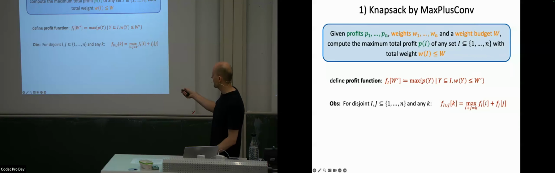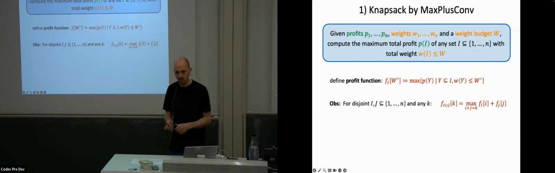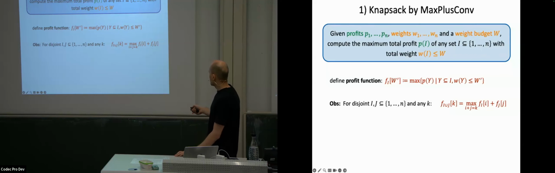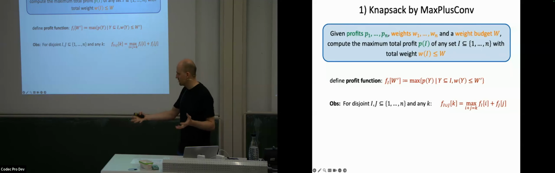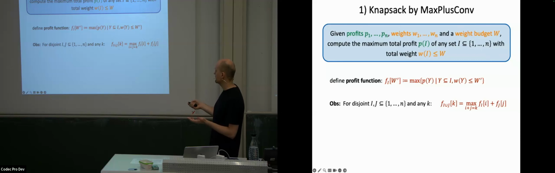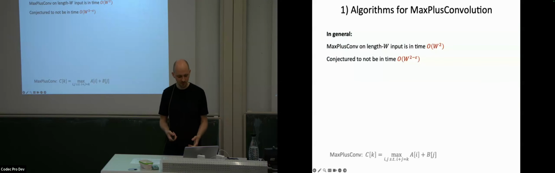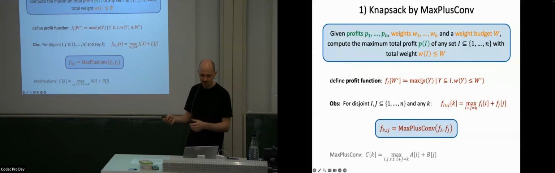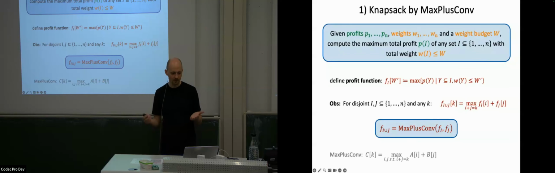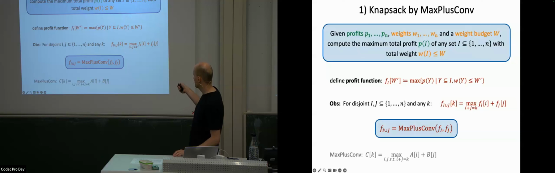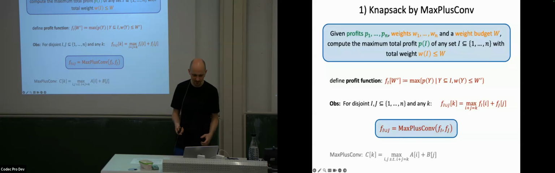Namely, if I have a weight budget k for the overall problem, then I somehow have to split this weight budget into a budget i for I and a budget j for J. And these 2 budgets should sum up to k. I cannot pick more than k. Right, and I maximize over this because I want to maximize the profit. Okay, so this is how I can combine subproblems. And this operation here also has a name. This is called the max plus convolution of these 2 functions, f_I and f_J. Right, because of this max and this plus, this is the max plus convolution.